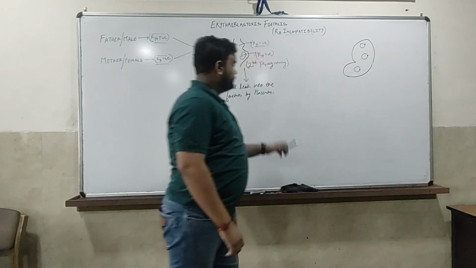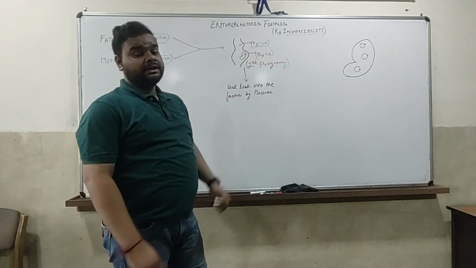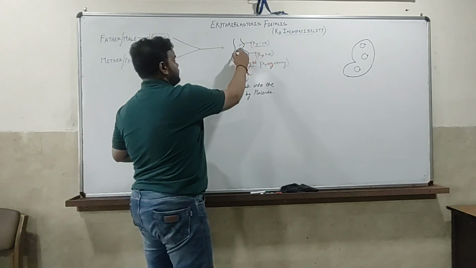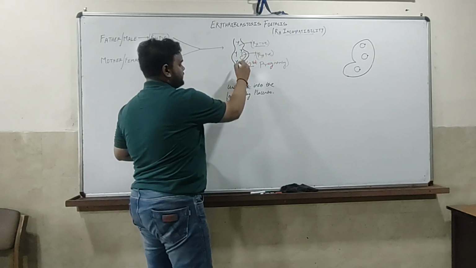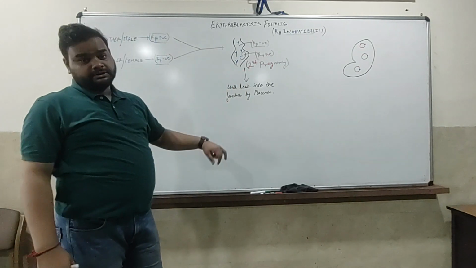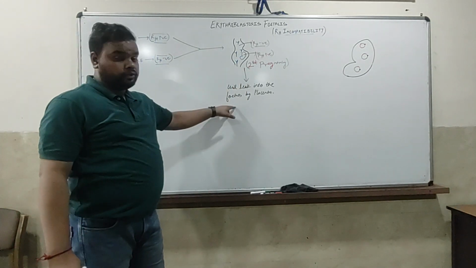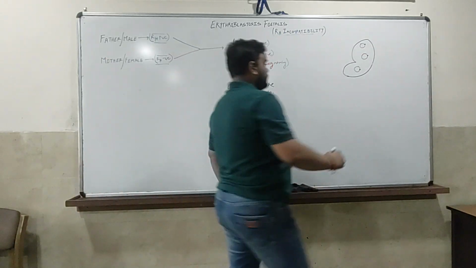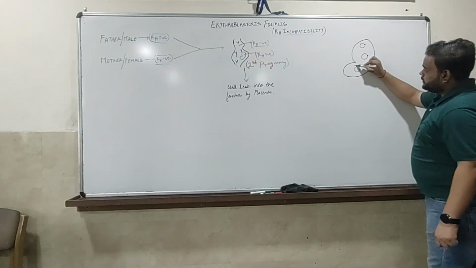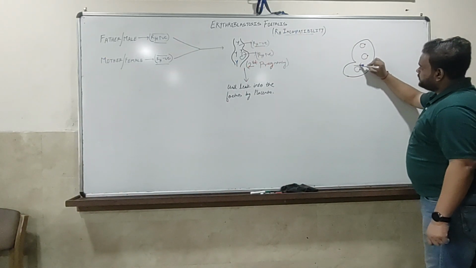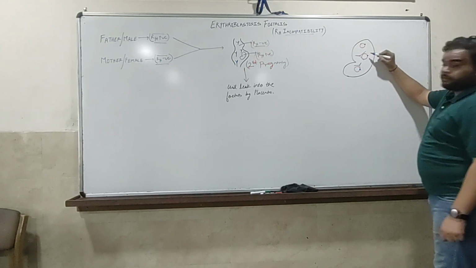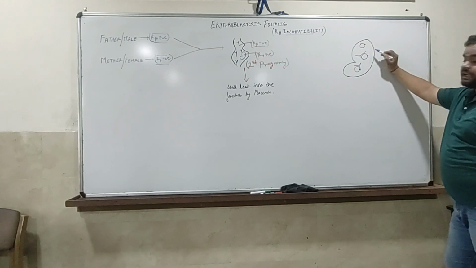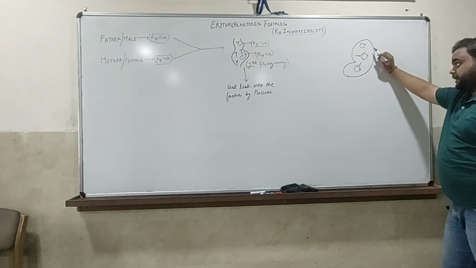Now what will happen? The antibodies present in the mother's blood leak into the fetus by the placenta, go into the fetal bloodstream and attack the fetal RBC, because these antibodies are produced against the Rh antigen which is present on the surface of the RBC.